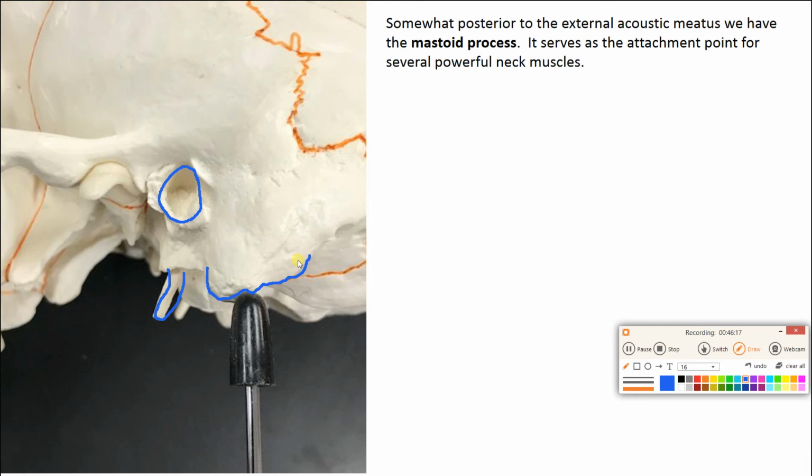It's very palpable. Now, some big, strong neck muscles grab onto it, which is why this bump is big, because when strong muscles pull on bone, that bone responds by growing and getting thicker itself. Okay, so we definitely got some things on this temporal bone.